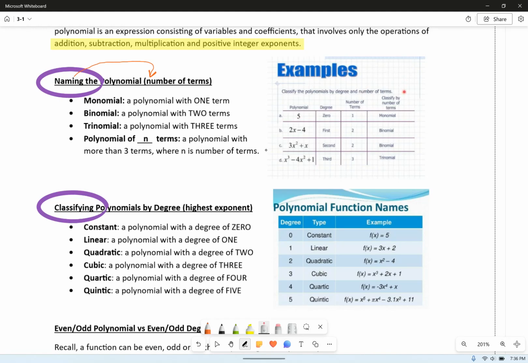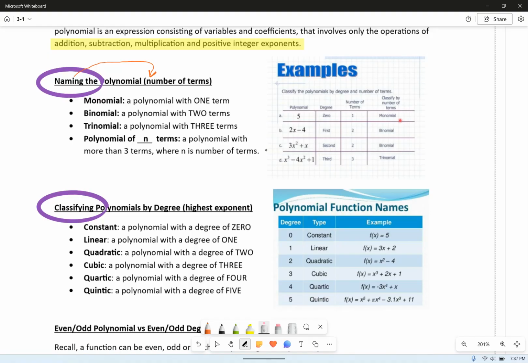The first example, they just gave us a constant. Obviously, that's the only thing we see. So there's 1 term, and that's a monomial. It is a monomial because it's just a single term with no negative exponent. Even though it's just a number, a constant, it still counts.